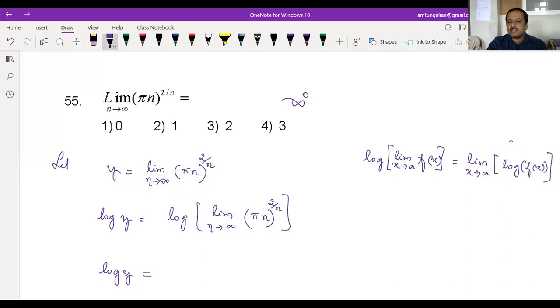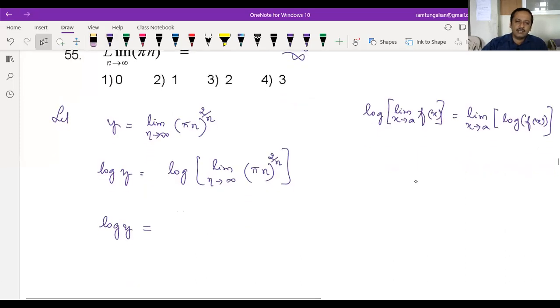What it tells us is that log and limit can be interchanged. So by using that property, I can interchange log and limit here.